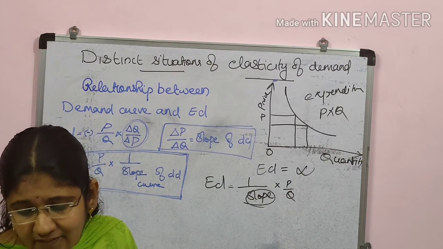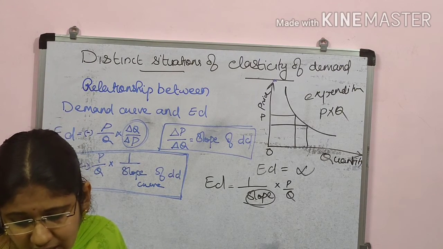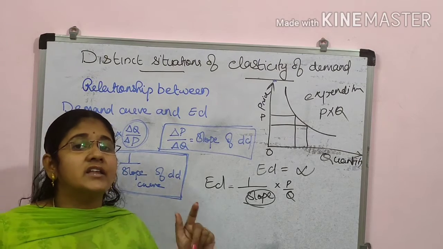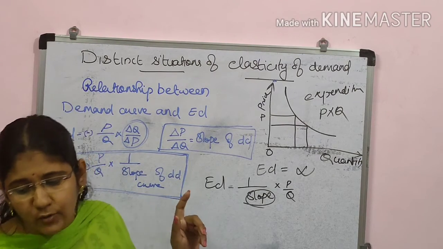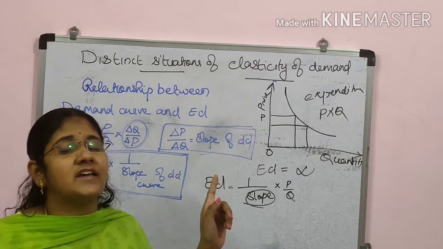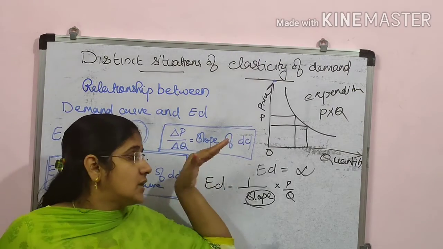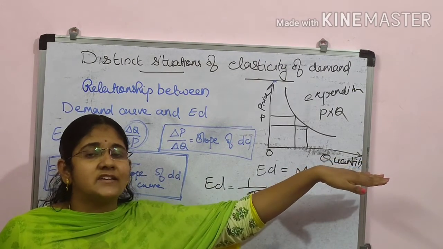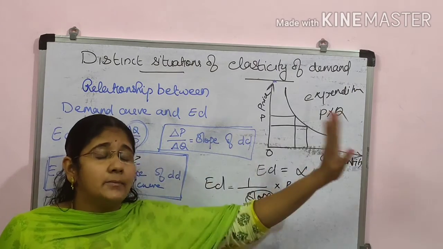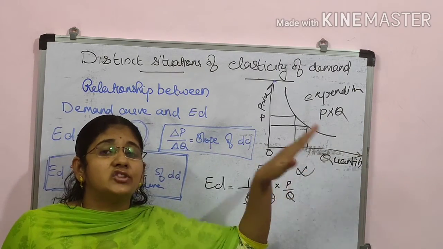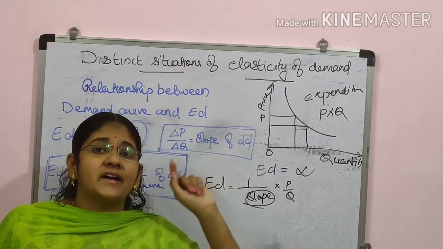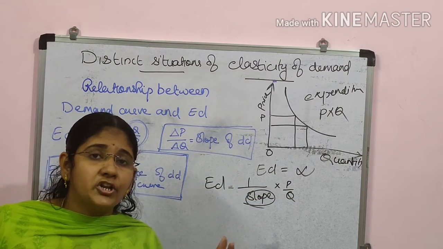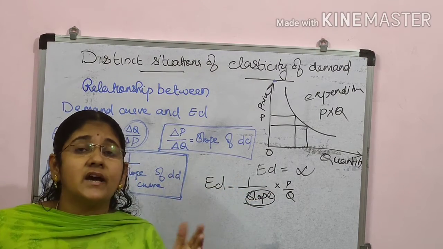Okay students, so I told you three situations here. What was the first one? In the first case, I told you the demand curve is a horizontal line, and in that case a small rise in the price of the commodity will influence demand highly.